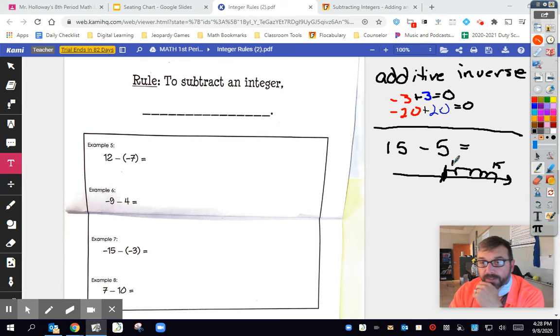I'm going to find myself sitting on the 10. So 15 minus 5 is 10. Now, I want to ask the question, what if I added the additive inverse? 15 plus a -5.